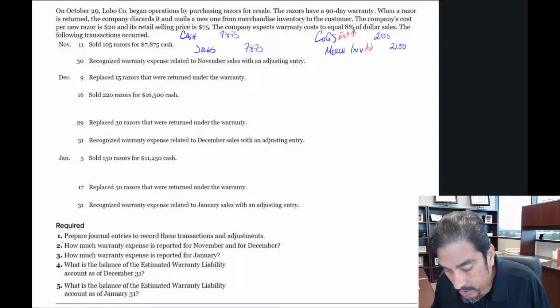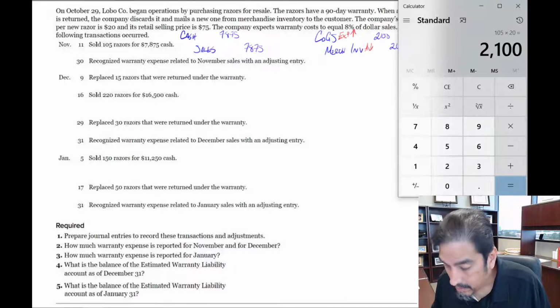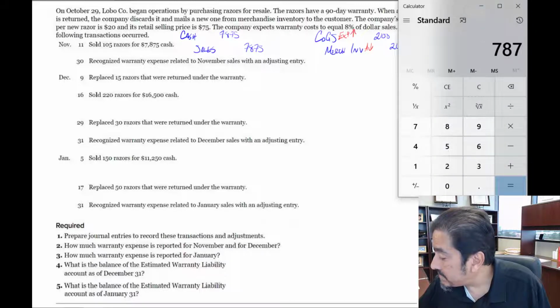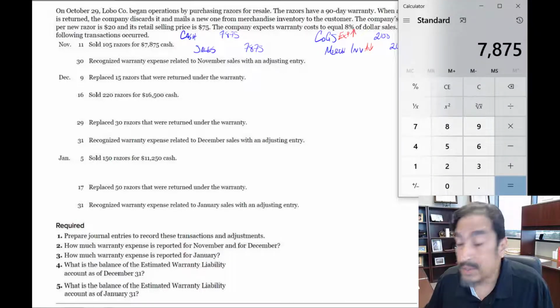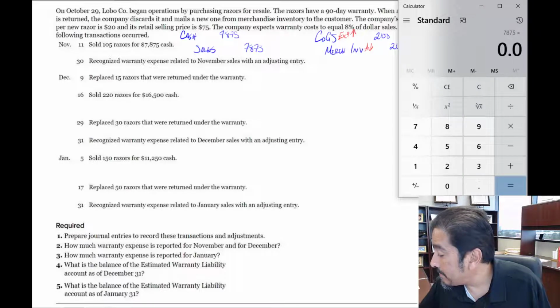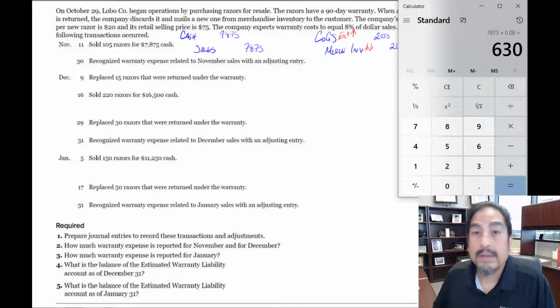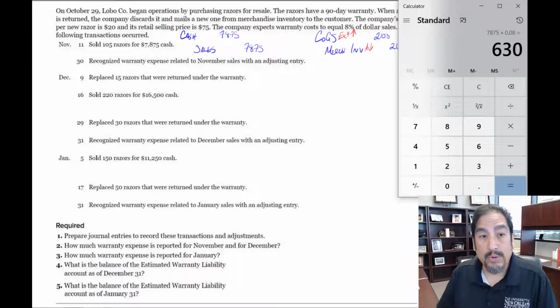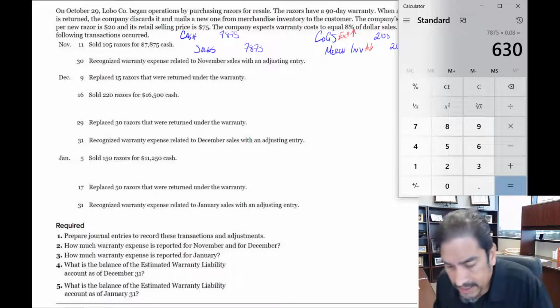So we sold $78.75 of razors, and 8% of that is $630.